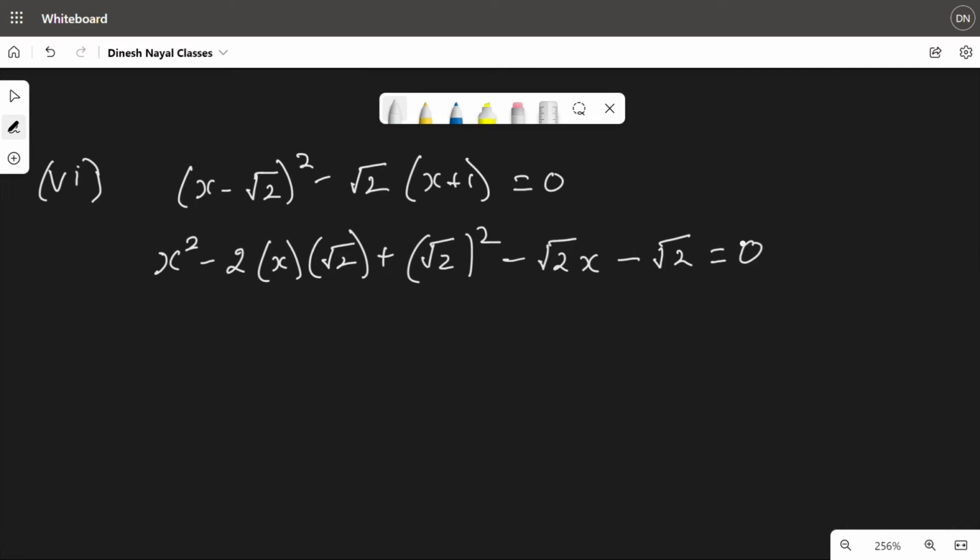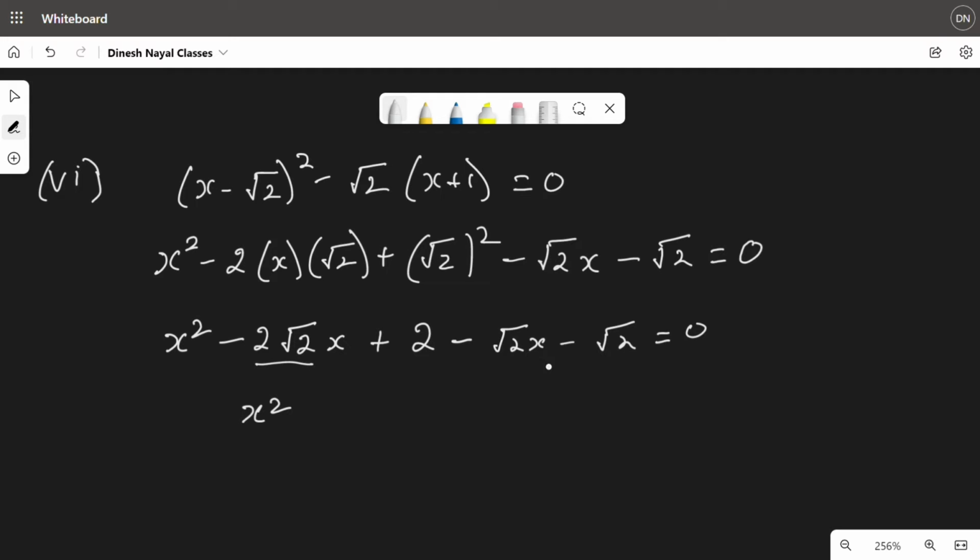So now solving this, you get x square minus 2 root 2x, plus 2, because root 2 square will be 2, minus root 2x minus root 2 equals 0. Now we can write it as x square; this is minus 2 root 2x and this is minus root 2x, so minus 3 root 2x, and then plus 2 minus root 2.